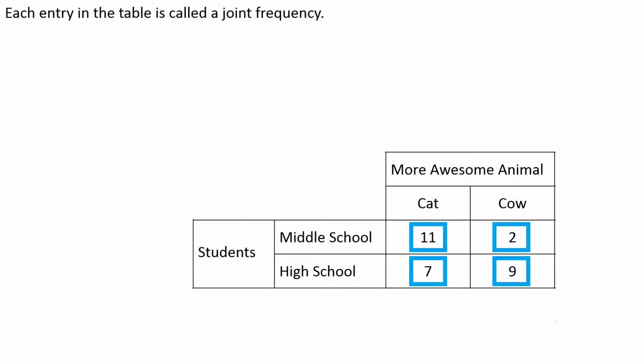Okay, so each entry in the table is called a joint frequency. If you want to know why on earth we call it a joint frequency, well, it's where the two categories meet. Think of your elbow, right? Why is it a joint? Well, two different bones meet at your elbow. That's why it's a joint. Same thing with your knee, right?